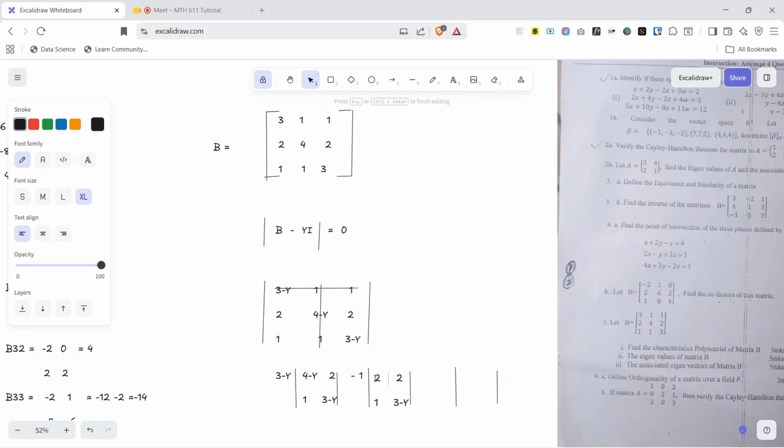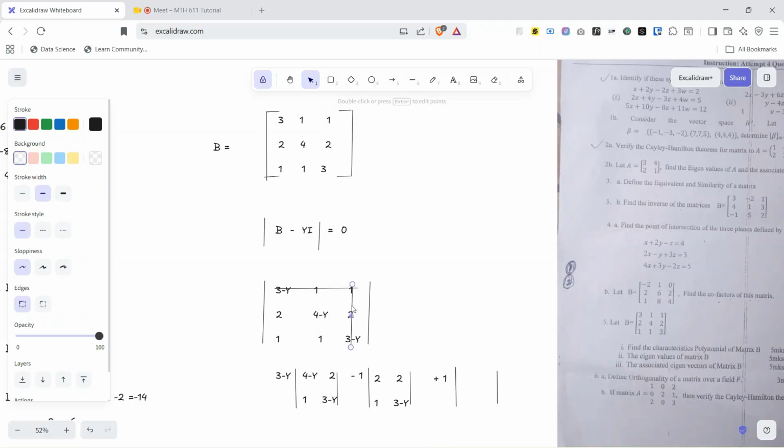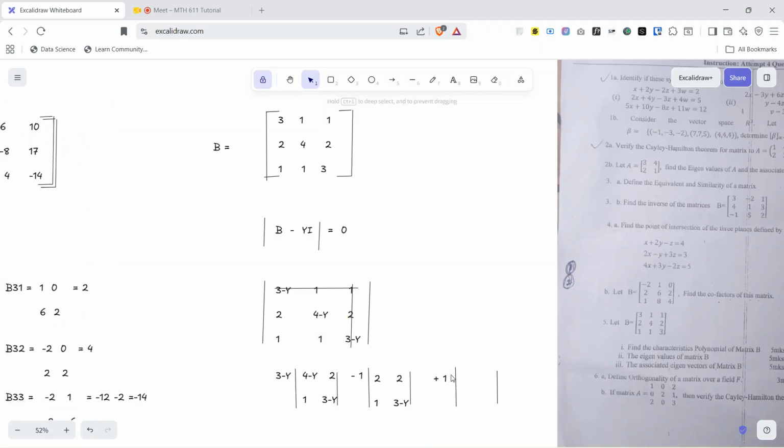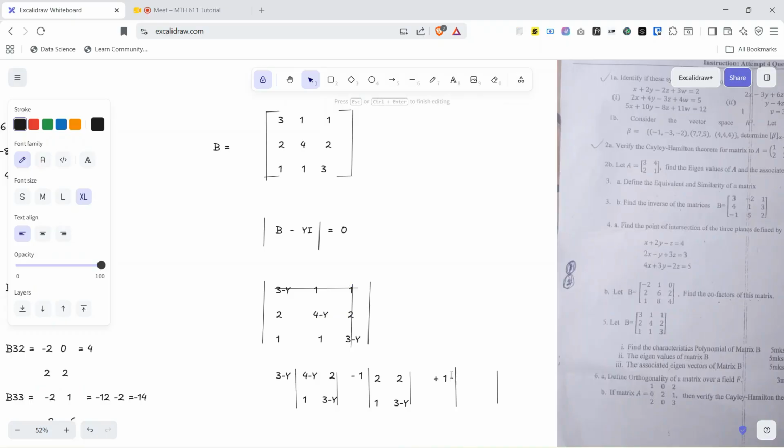Then plus 1 into 2, 4 minus lambda, 1, 1.